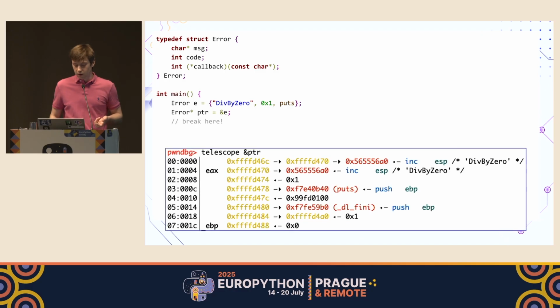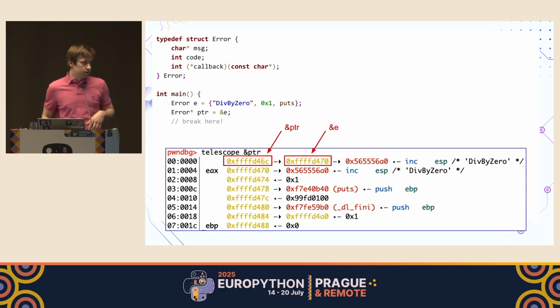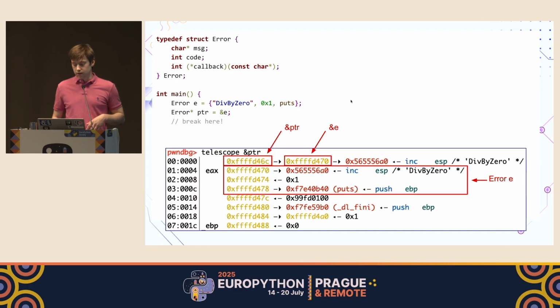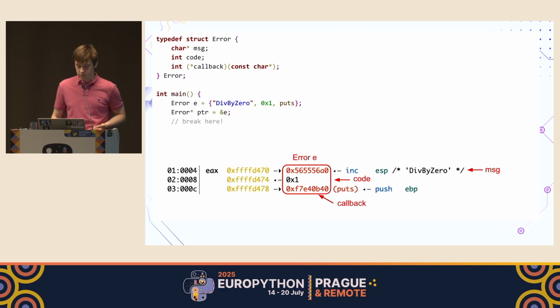If you do telescope on the address of the pointer variable, since we assigned it the address of the E object, this will be the address of the E object, which interestingly is just afterwards in memory. And then you can see the whole error object in here, which may not be so obvious, but it is actually the error object.